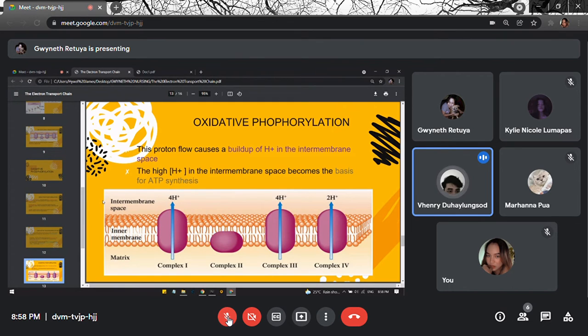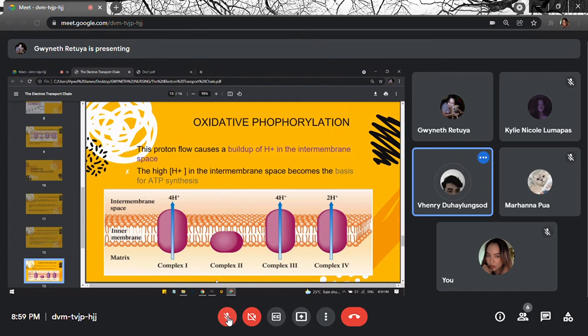Here we can see the intermembrane space, the inner mitochondrial membrane, and the matrix. Inside the matrix of the mitochondria, the electron transport chain occurs. We can see complex 1, complex 2, complex 3, and complex 4. In complex 1, 4 H plus ions are transferred from the matrix, passing through the inner mitochondrial membrane and outside into the intermembrane space.